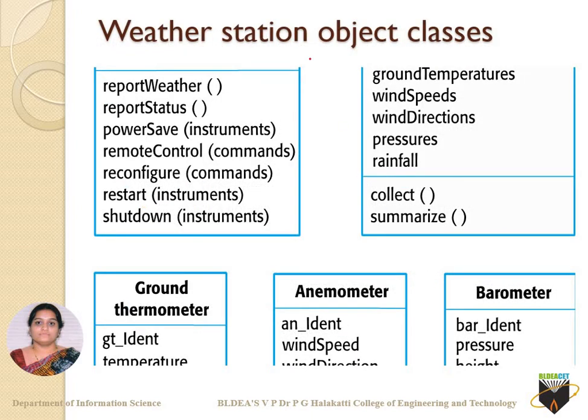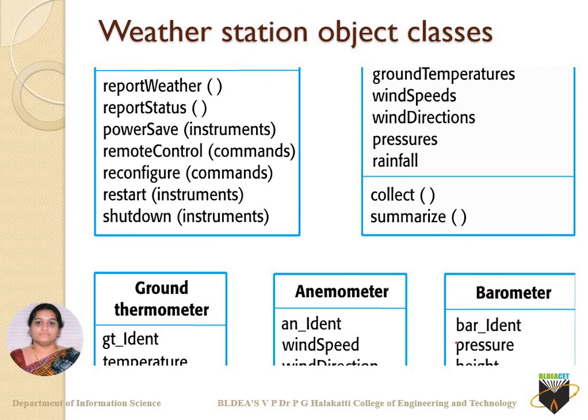If I have the weather station object classes, for a ground thermometer I can identify the data members like gt_ident and temperature. The anemometer is for wind speed, so I can give it an ident, an identification number, wind speed and wind direction. Any number of data members can be encapsulated under the anemometer.